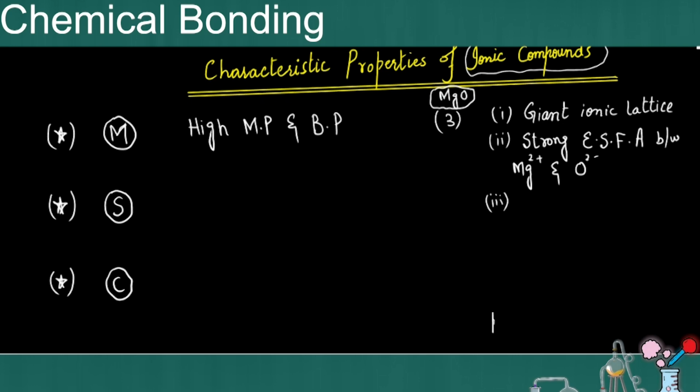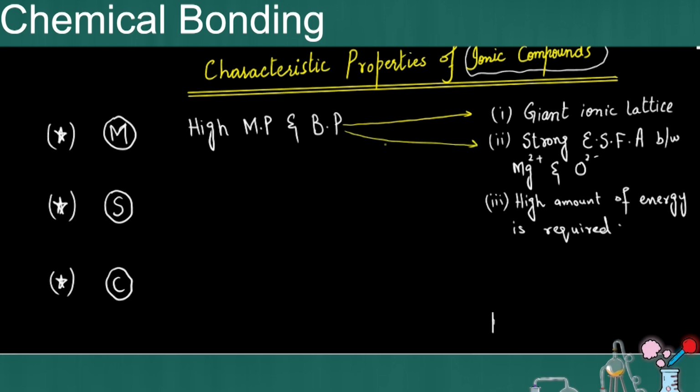High amount of energy is required to break these bonds. ठीक है, ये 3 की पॉइंट्स हैं. अगर ये 3 की पॉइंट्स लिखते हो तो in that case examiner can give you any mark. ठीक है, आपको 3 marks मिलेंगे, otherwise you will not get 3 marks. So high melting and boiling point के लिए these are the 3 points which you have to keep in your mind. All right.